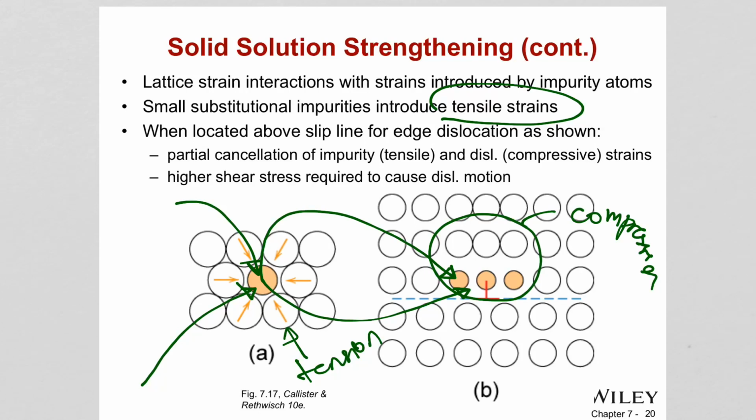Therefore, putting substitutional impurities is strengthening the material. By neutralizing these strains, we are preventing dislocations from moving. That means we require higher stress levels to be able to get over the obstacle of these small impurities.